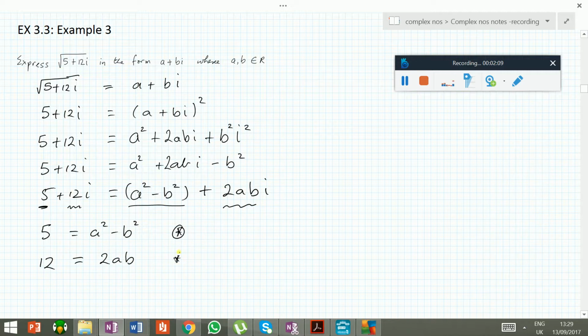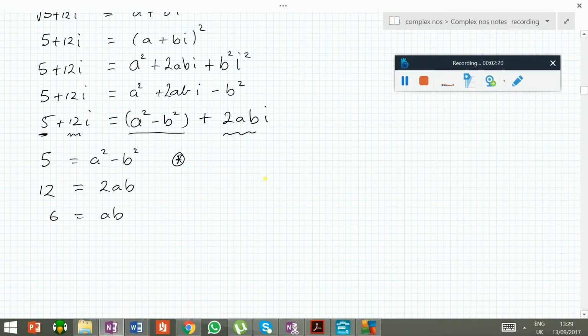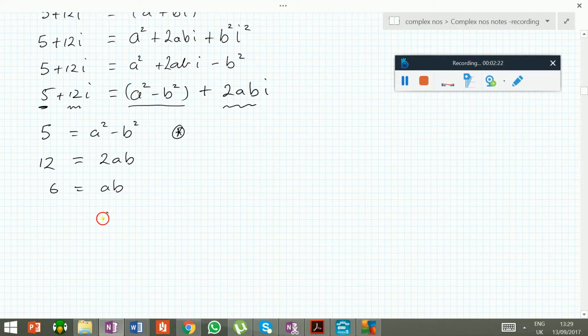Then I can change that further. Firstly, I can cancel the 2, I can say 6 is equal to ab, and then I can say that a is equal to 6 over b. That's my second equation. Now I'm going to slot that back into equation number 1.